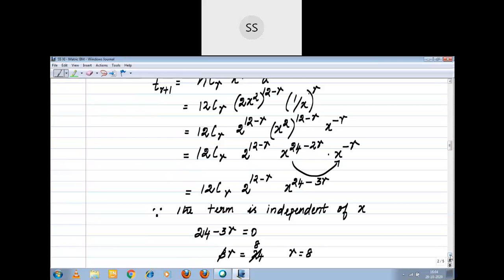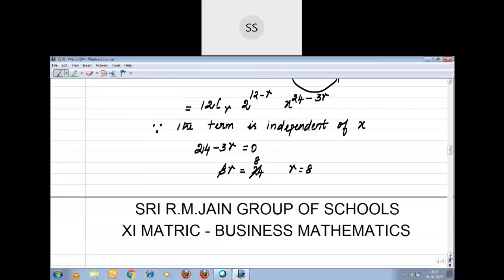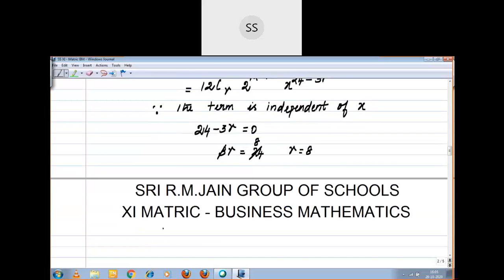Now T9 equal to 12C8, 2 to the power 12 minus 8, into x power 0.